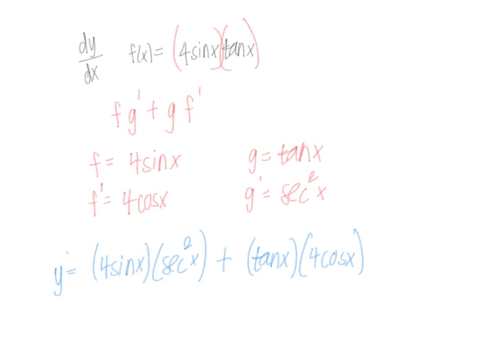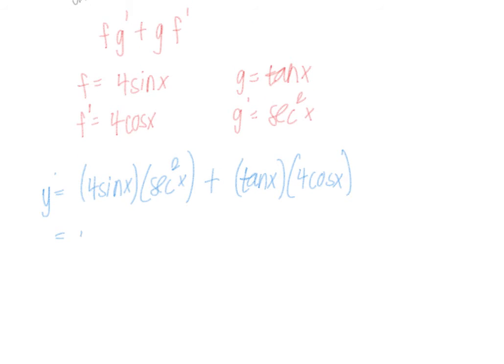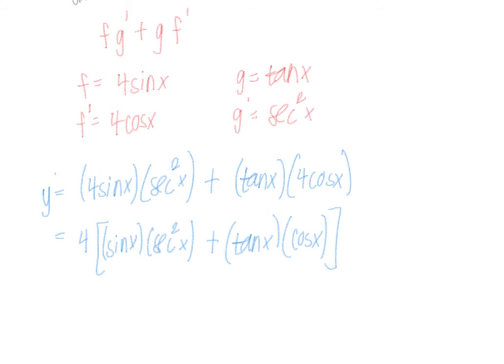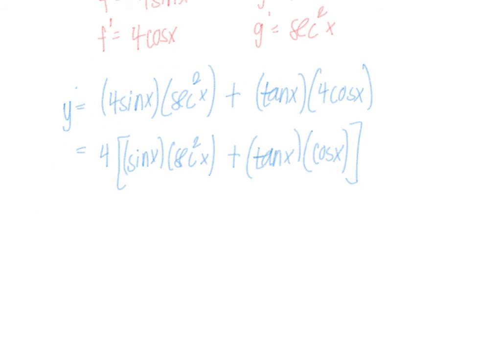Right here, do notice there is a GCF of 4, and you're left with the sine of x times secant squared x plus tangent x times cosine of x. And you can leave it just like this.